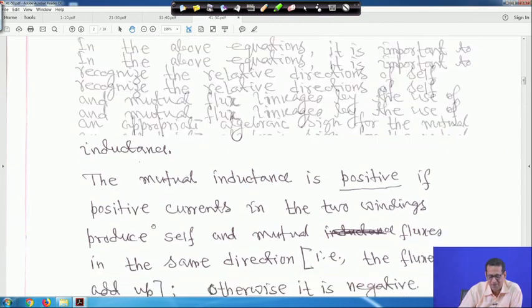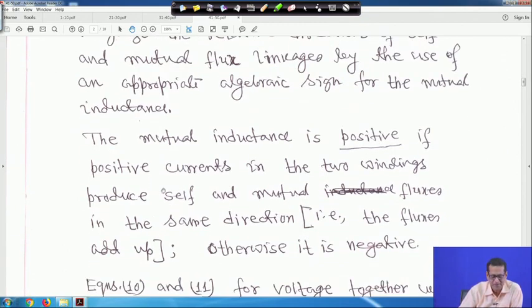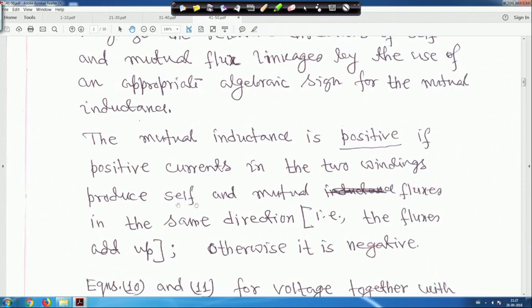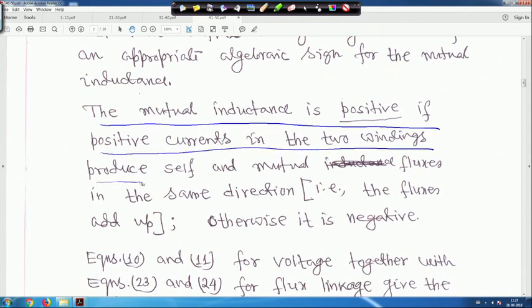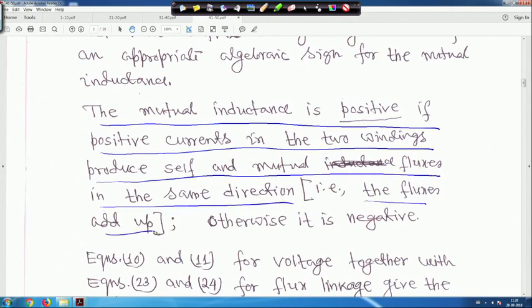The mutual inductance is positive if positive currents in the two windings produce self and mutual fluxes in the same direction, that is, the fluxes add up, right. You have to keep this in mind. There we have seen phi 1 plus phi 2, and you can apply the right hand rule, change the direction of the current and have a look.